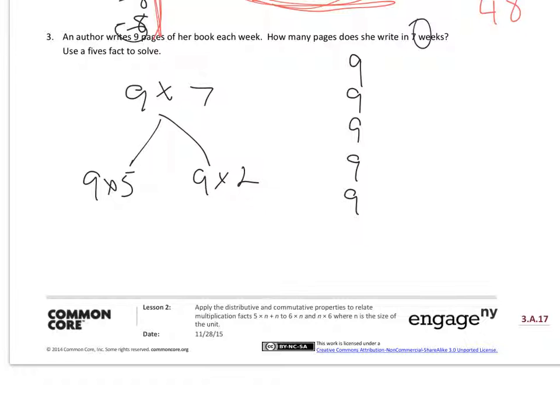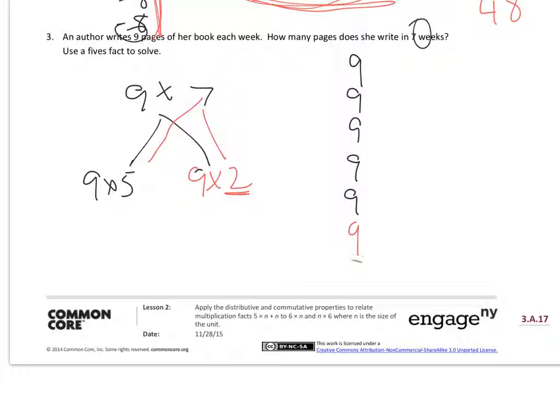And I'm actually going to erase that. So remember, we broke up this 7 into 5 and 2. So I'm going to add 2 more 9s.